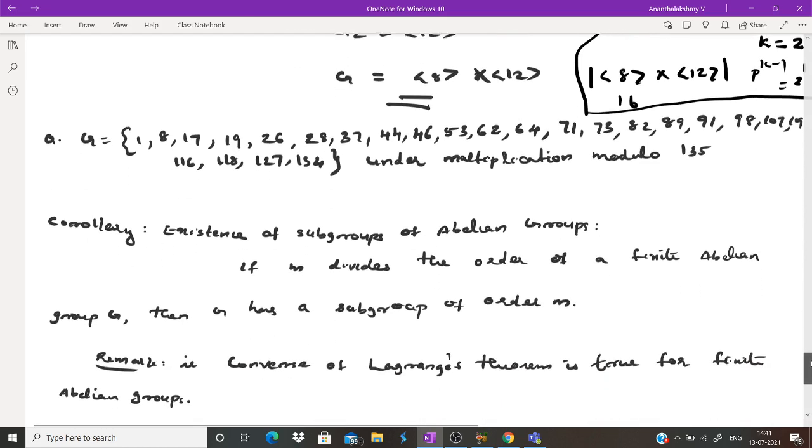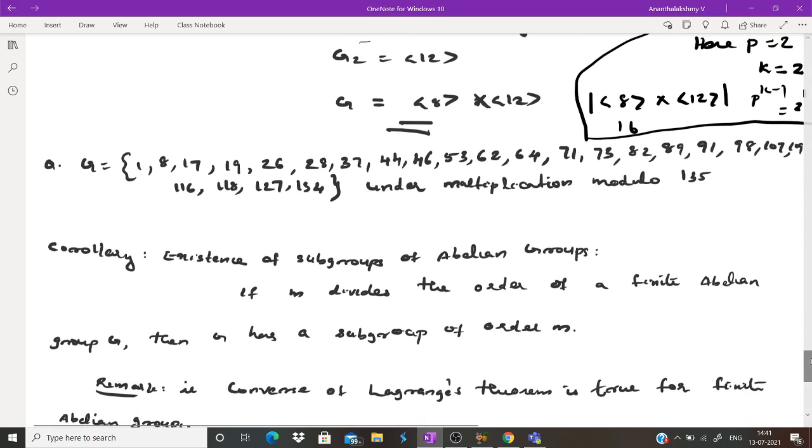Next, we have a corollary of the fundamental theorem: existence of subgroups of an abelian group. It's a very interesting result. If M divides the order of a finite abelian group G, then G has a subgroup of order M. That is the converse part of Lagrange's theorem.